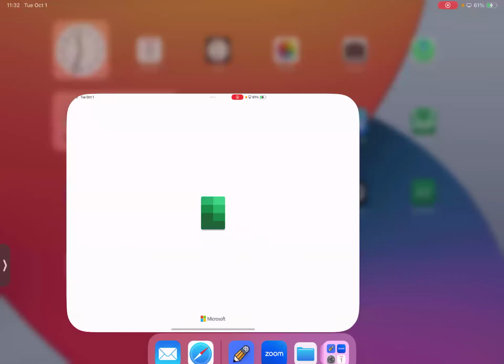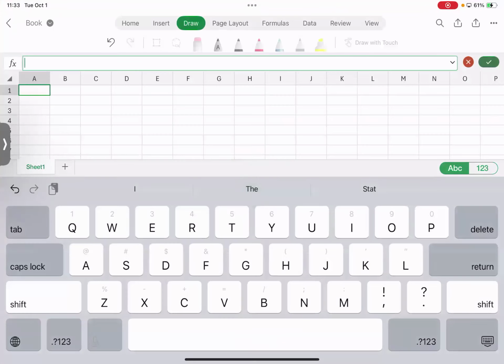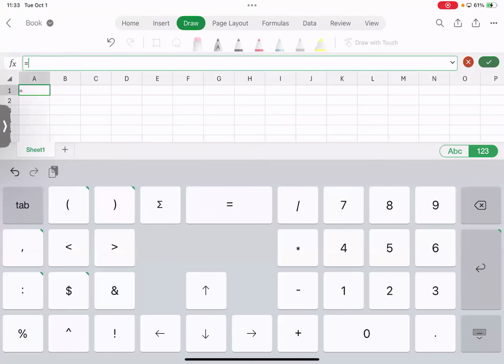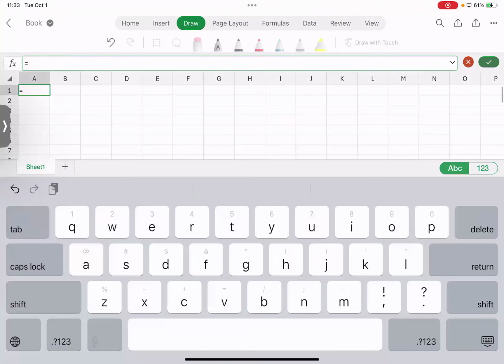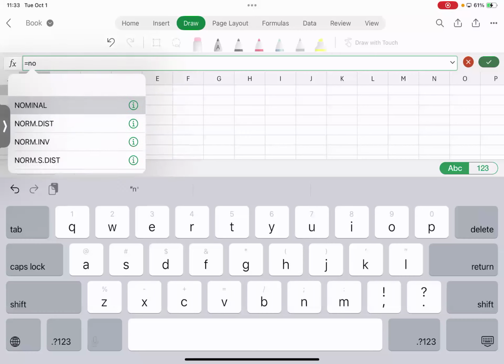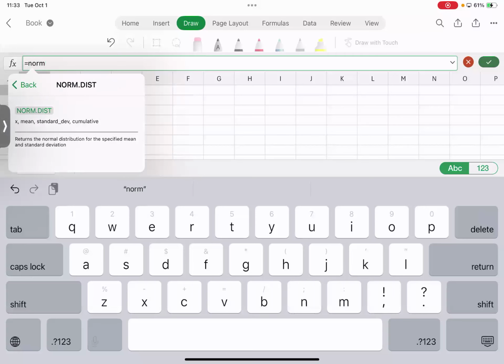Okay, where's my Excel? Here. You see that? Okay. I want equals norm. Even if you can't remember what you were going to do, you can click through these information boxes. Norm.dist takes an X, a mean, and a standard deviation, and the cumulative command.